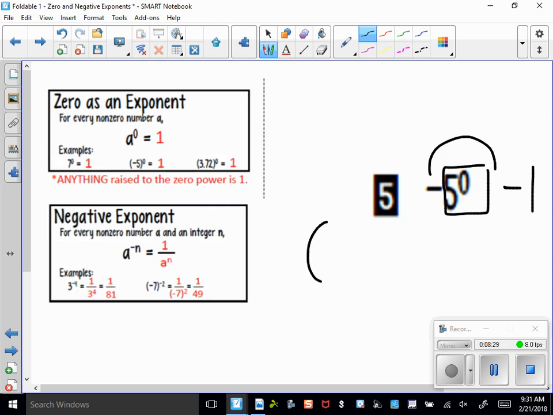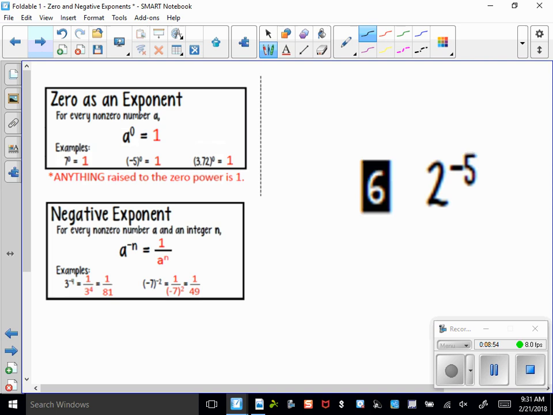Now, if it had been written this way, then the answer would have been 1 because you're also raising the negative 1 to the 0 power that's in front. So be very careful with that type of problem. If it's not in parentheses, you're only raising the 5 to the 0 power and not the negative. Okay, so these are two different problems right here.